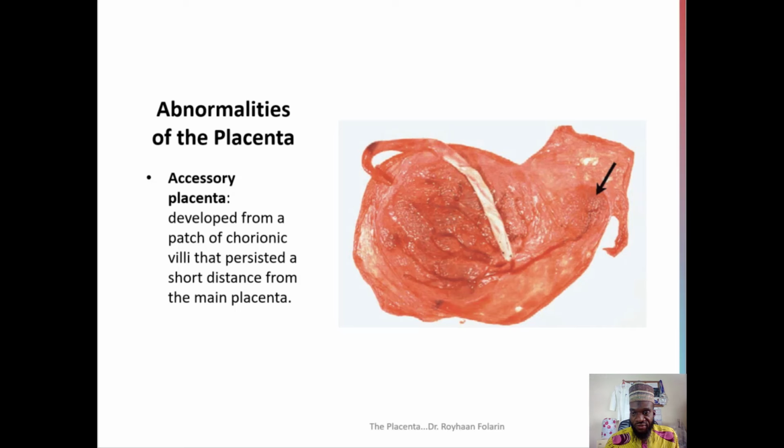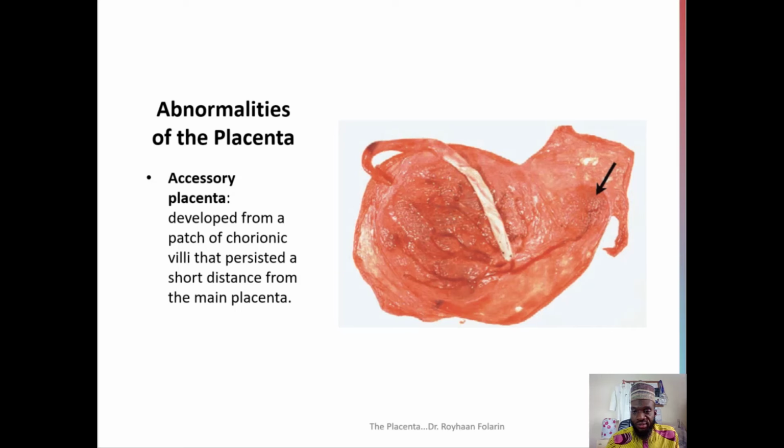There could be other variations in the size and shape of the placenta, but most placental abnormalities that result from persistence of the chorionic villi are of little physiological or clinical significance, because at the end of the day, the pregnancy could be normal.